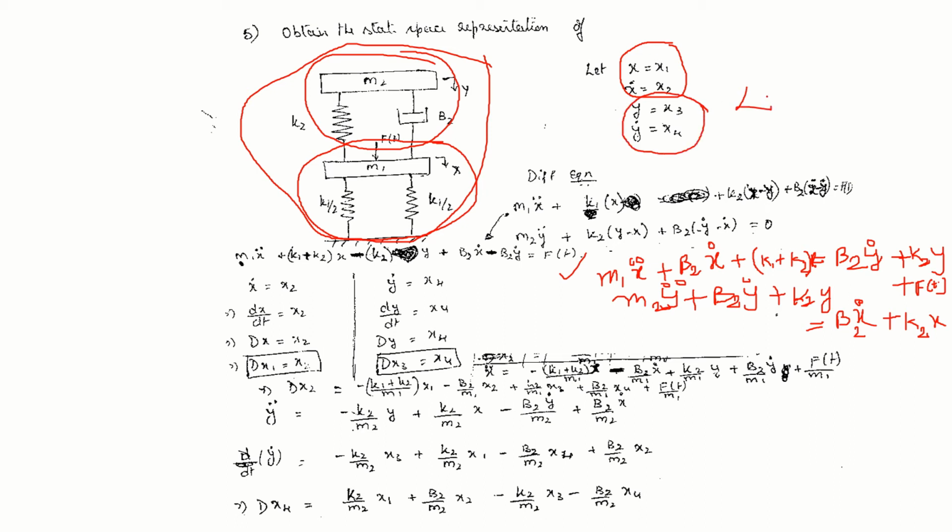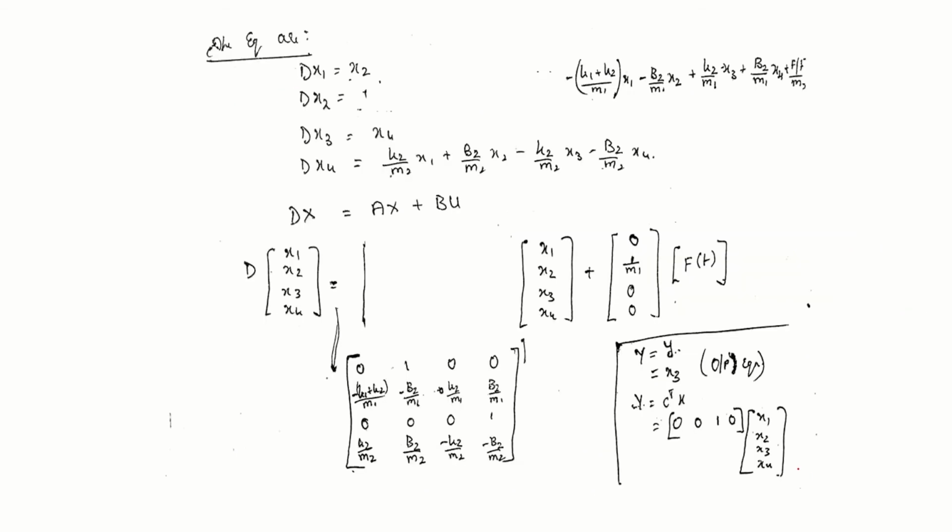Totally, there are four state variables. So now you have to write the state equations, which is pretty easy. Organize those state equations, then write the state model. You are going to get the state model.